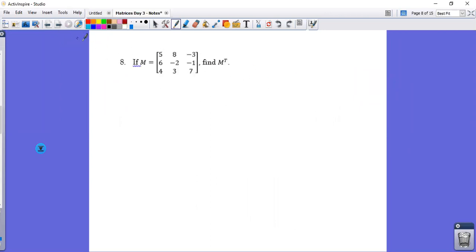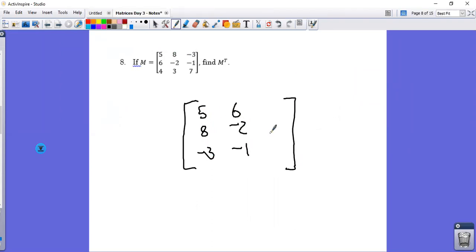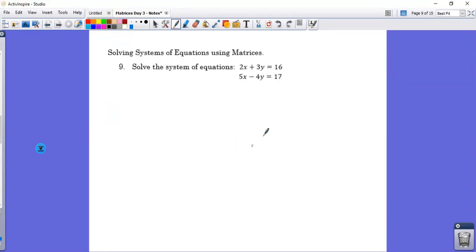Transposing, you don't have to have the calculator to transpose. It's there, but if you're transposing this matrix, you're just doing 5, 8, -3. First row becomes first column. So then 6, -2, -1, 4, 3, 7. But if you're working in some operations and stuff like that.